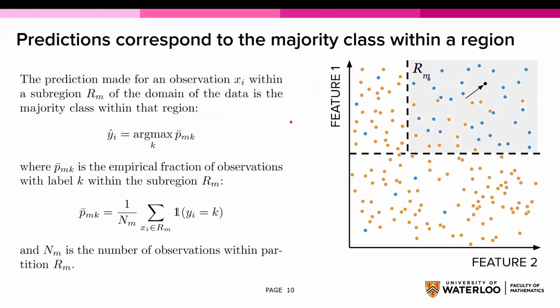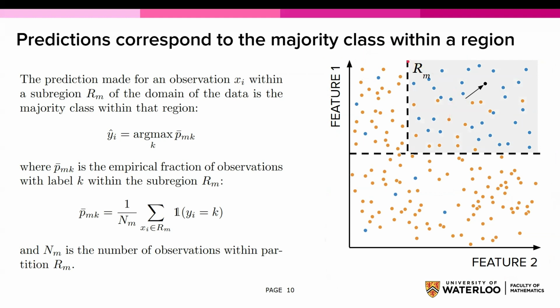So in terms of how decision trees make predictions, it's based on the majority class within a region. Once a decision tree has split the feature space into different regions, like the rectangular regions that we saw in the last slide and copied over again here, the prediction for any one point that falls within one of these regions is determined by the most frequent class in that region.